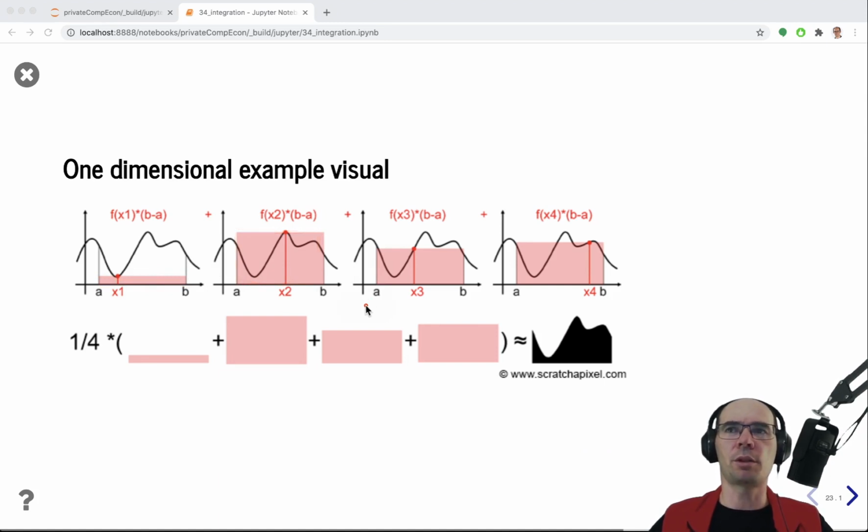Why is it the area? Well, because we are multiplying by b minus a on the outside every time. And then we take an average, right? So it's an average of these areas, which are random because we are randomly generating the x's. And so that approximately equals the integral, just because these are random points.